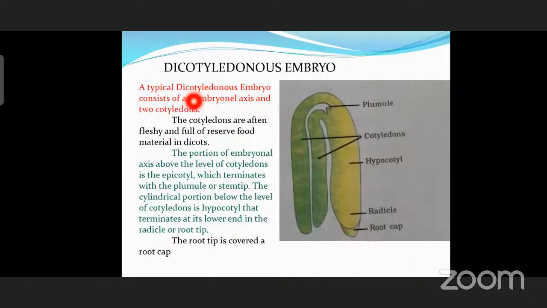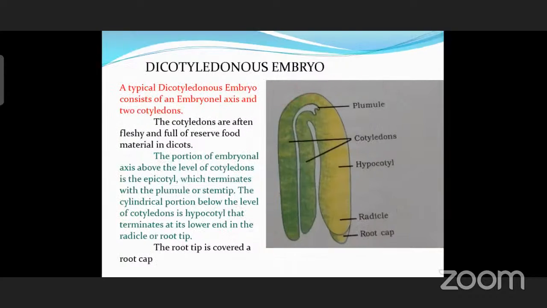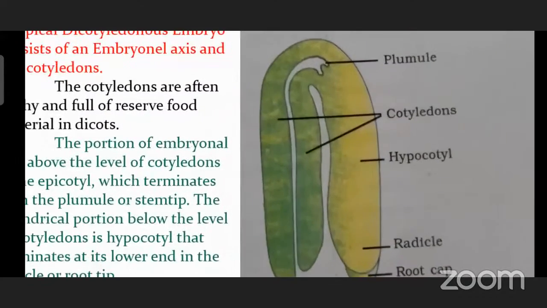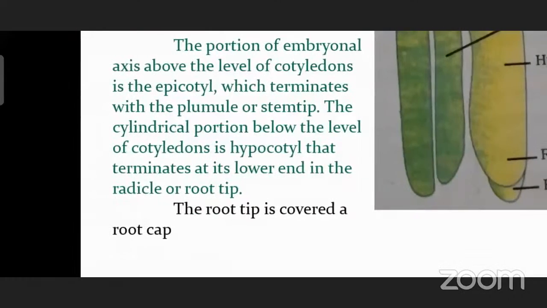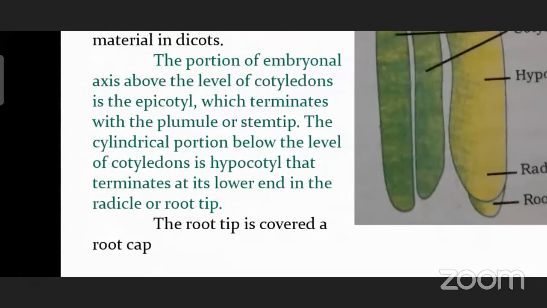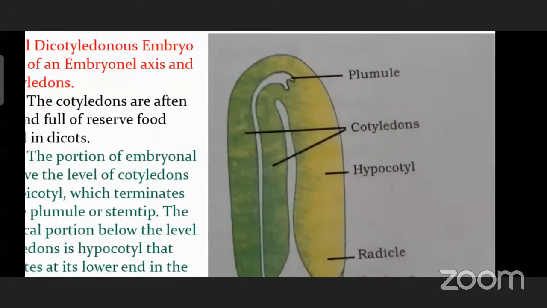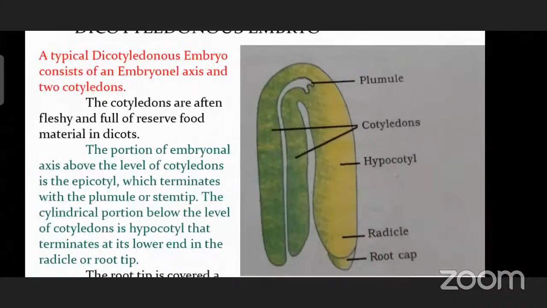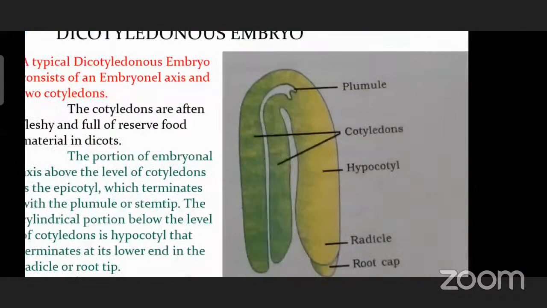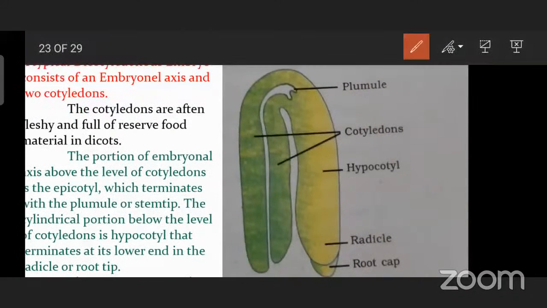And the next topic, dicotyledonous embryo. See here, this is a dicot embryo. A typical dicotyledonous embryo consists of an embryonal axis and two cotyledons.